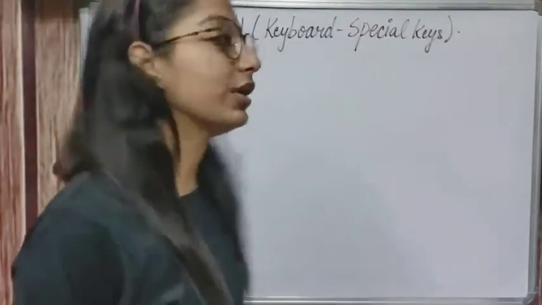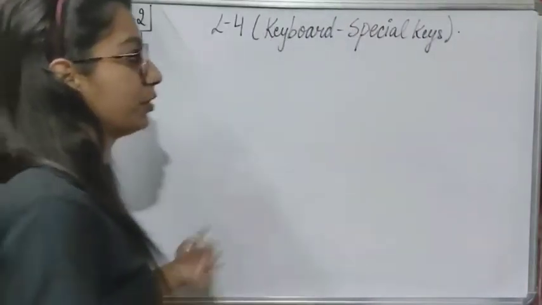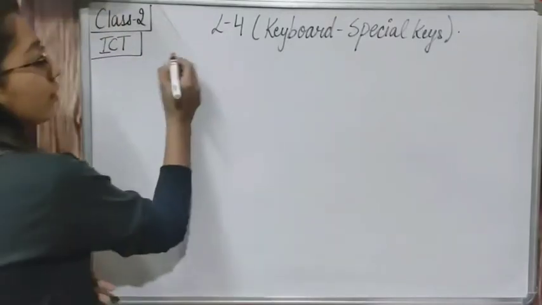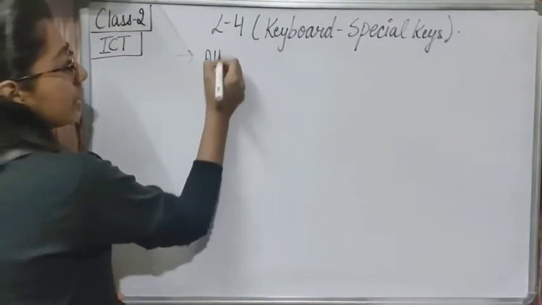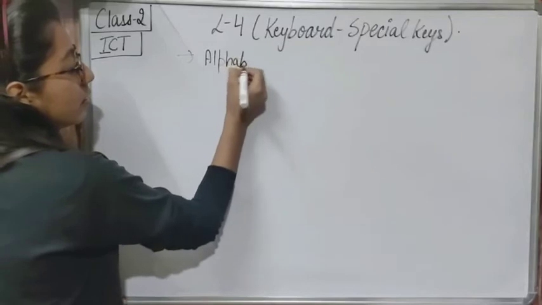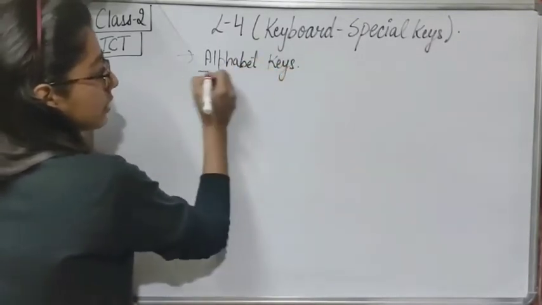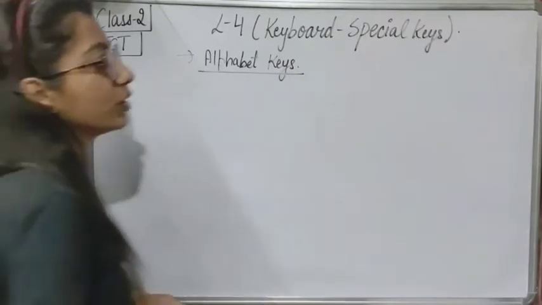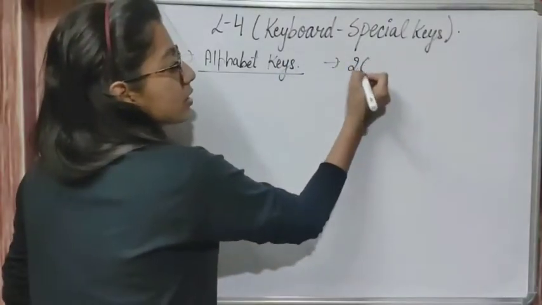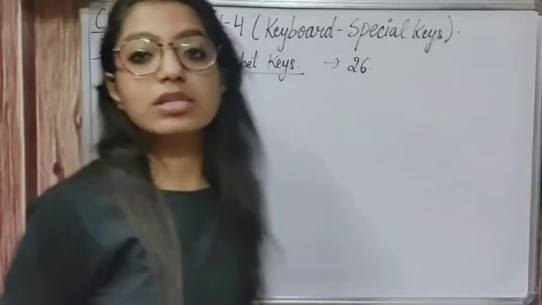As you all know, in the previous session I told you about the alphabet keys, that what are alphabet keys. How many alphabet keys are there? There are total 26 keys. What are keys here?